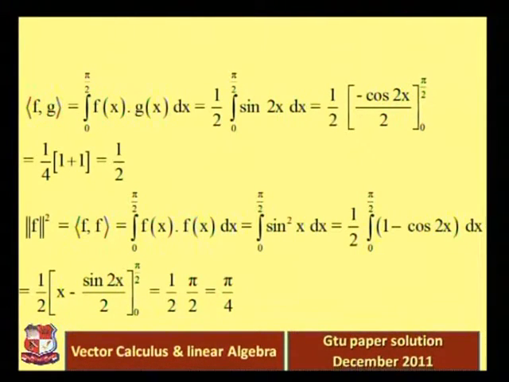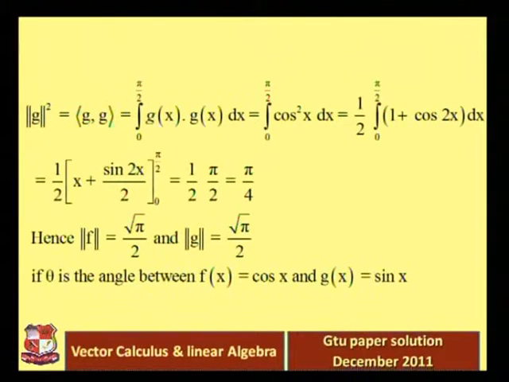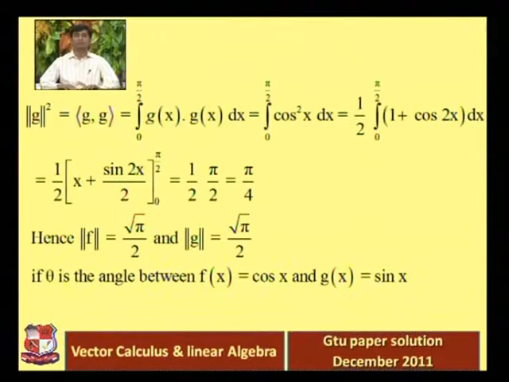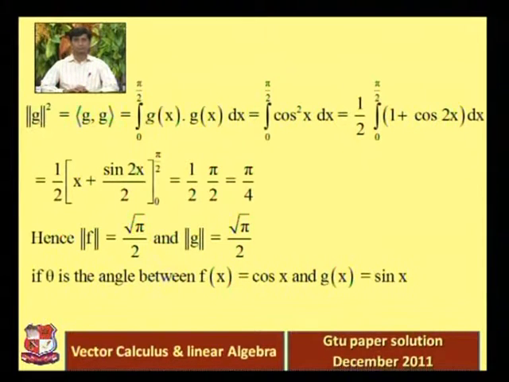Similarly, we can find norm g square. Norm g square is equal to the inner product of g with g, the integral from 0 to π/2 of g(x) into g(x) dx, that is equal to the integral from 0 to π/2 of cos square x dx. Cos square x can be written as 1 plus cos 2x divided by 2.